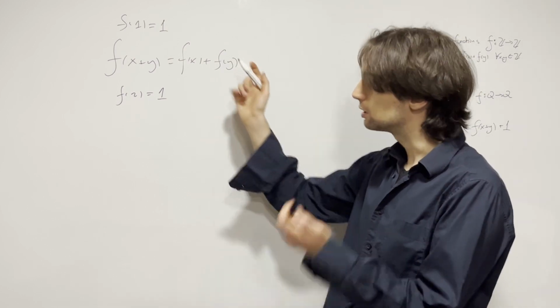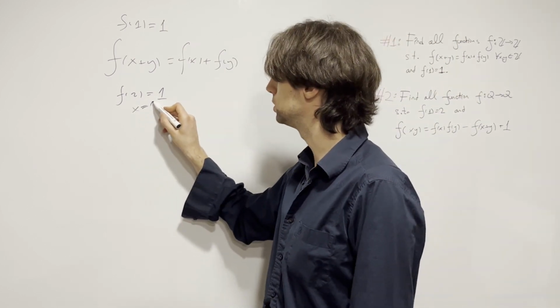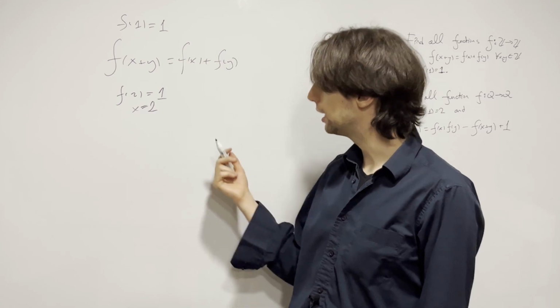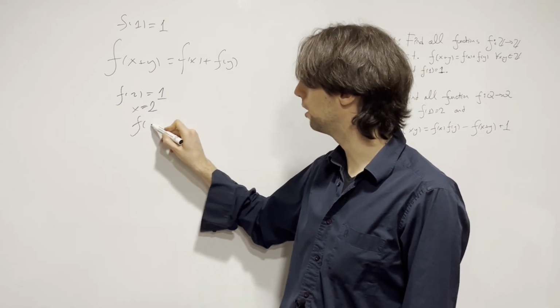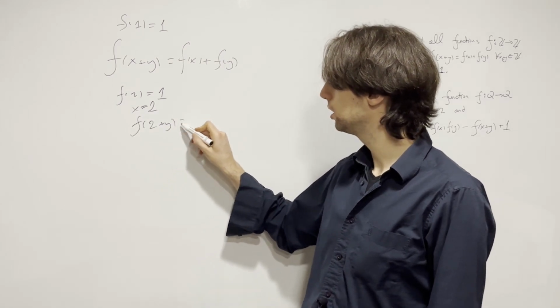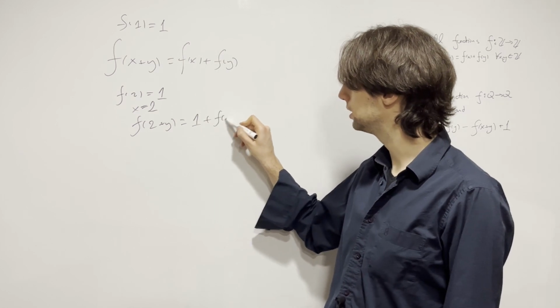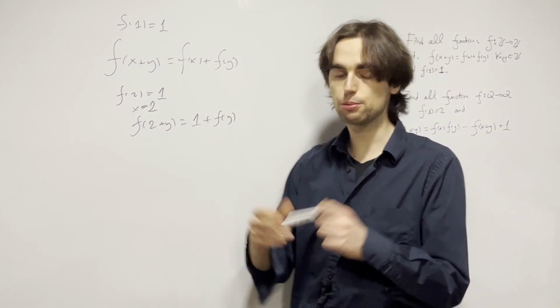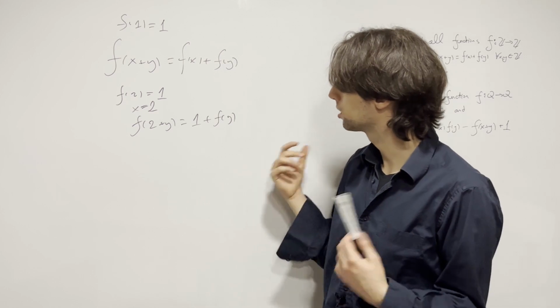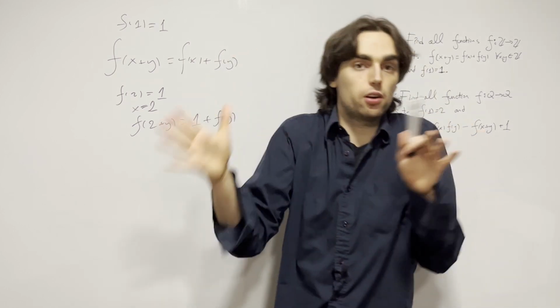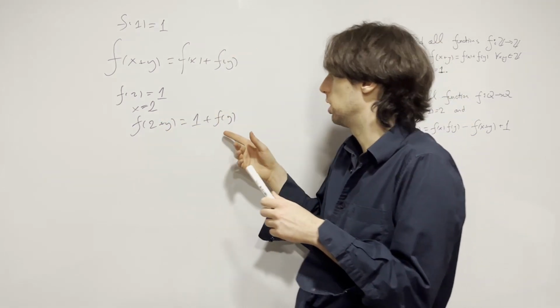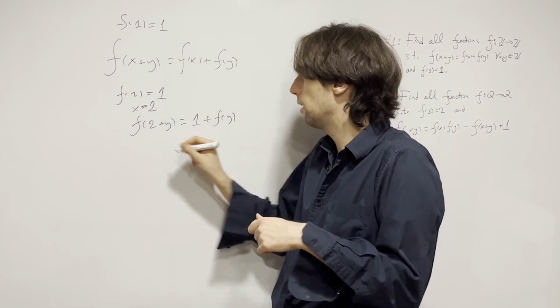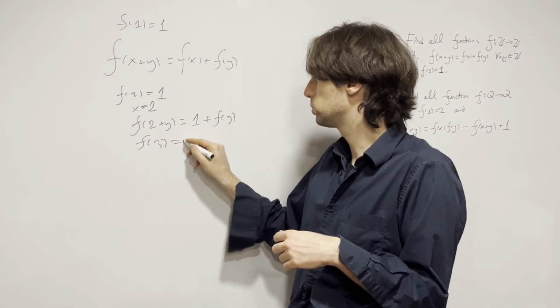Let's put x equal to 2. Then f of 2 plus y would need to equal 1 plus f of y for every single y. Does this hold? We don't know where the other y's land, but if we plug in y equal to 1, then f of 3 would also need to be equal to 2.